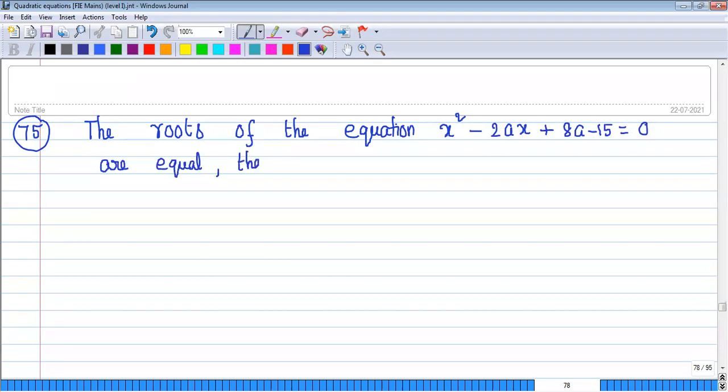Then a equals to: first option 3 or 2, second option 3 or 5, third option 5 or 2, fourth option plus or minus 2.